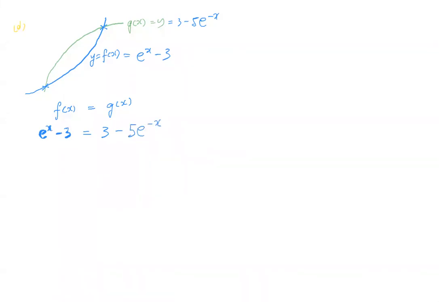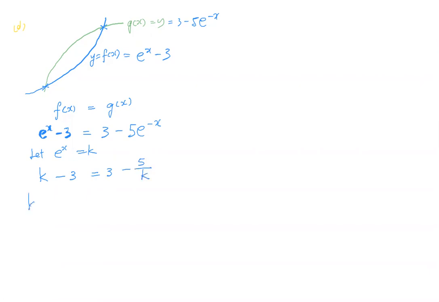Okay, so now, still remember when you talk about exponential, if you are not expert in that, you let e to the power x be equal to k. So you have k minus 3 equal to 3 minus 5 over k.